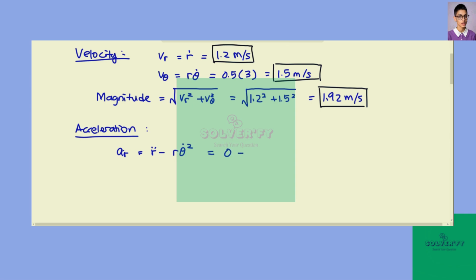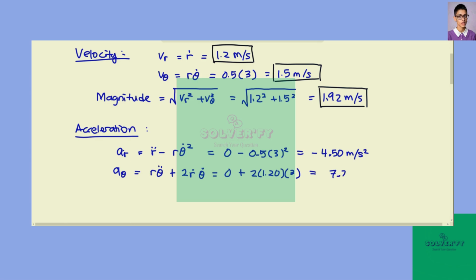So 0 minus 0.5 times 3 squared, and you get negative 4.50 meters per second squared. And then a theta is r theta double dot plus 2 r dot theta dot. So 0 plus 2 times 1.20 times 3, and you get 7.20 meters per second squared.